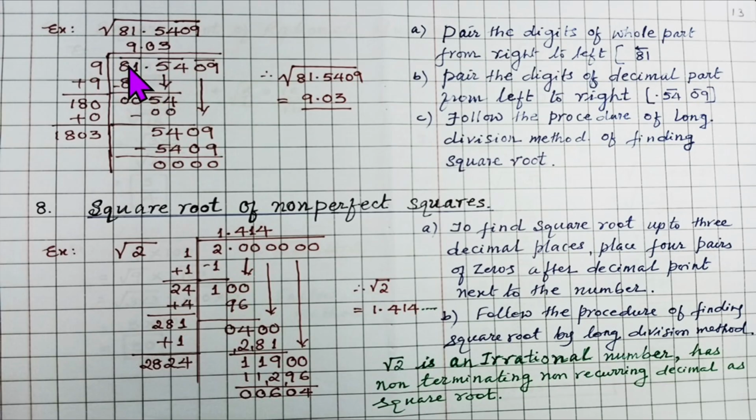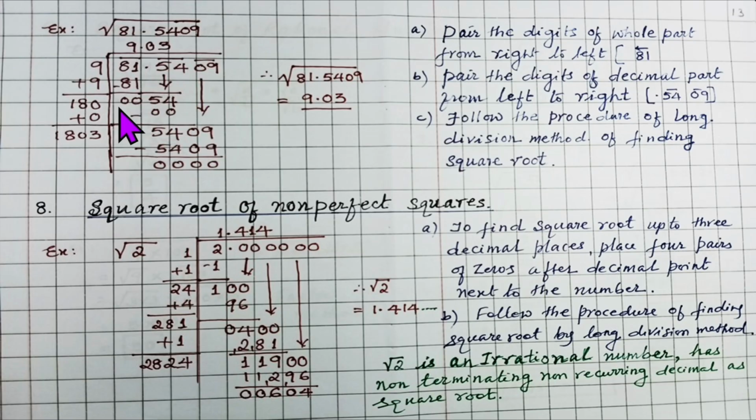So take 81 the first pair, now choose the digit such that when you multiply by the same digit you should get 81 or less than 81. 9 nines are 81, 100%. 81 minus 81 becomes 0, add 9 and then you get 18, leave one gap here. Now bring 54 down. Now I cannot take any digit other than 0 because 180 into 0 is 0. So 54 minus 0 becomes 54.